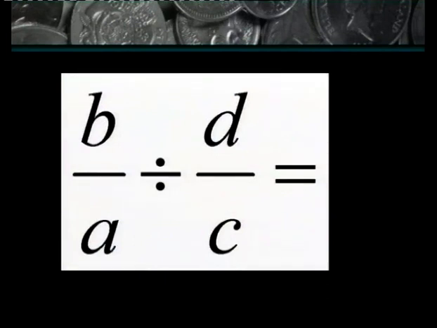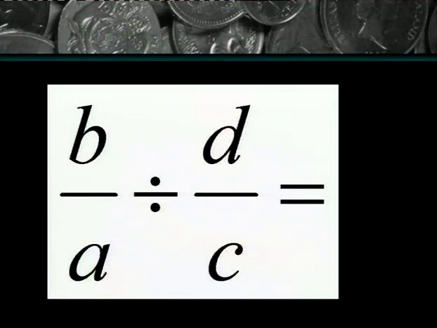Okay, let's have Diana. You get the reciprocal for B and A and leave the other fraction. Okay, good, Diana. Diana said you get the reciprocal of the first fraction, B over A, and you leave the second fraction as it is, D over C. Okay, good, Eddie.